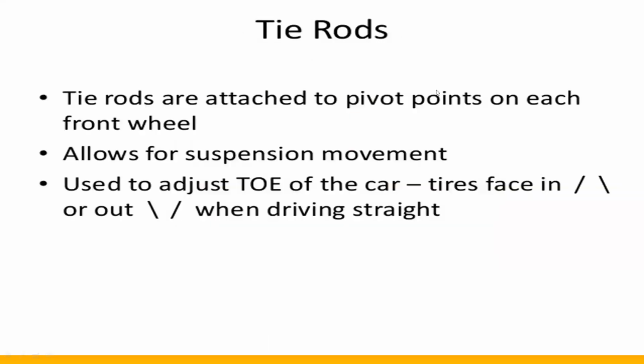And next one, tie rods. The tie rods are attached to pivoted points on each front wheel. They allow for suspension movement. In any type of automobile vehicle, the tie rods are fixed and pivoted to the front wheels.